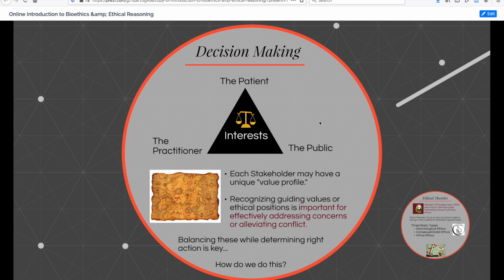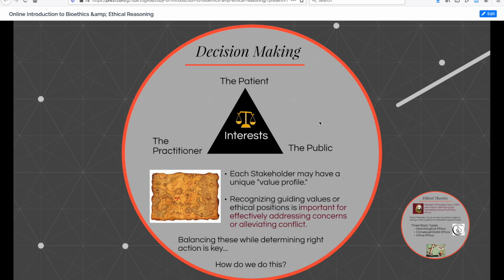Right? Now, as I said, each of these stakeholders could have unique value profiles. And recognizing these values or ethical positions is important, and I can't stress this enough, for effectively addressing concerns and for alleviating conflict. Because at the end of the day, when you're making medical decisions, these are often time sensitive, right? You have to make a decision within a particular time period.